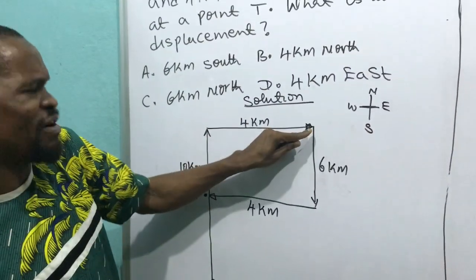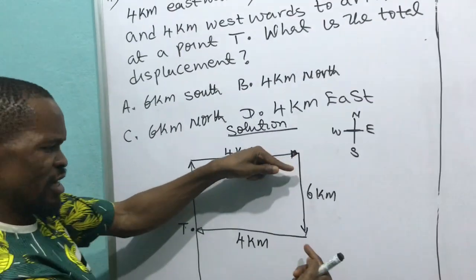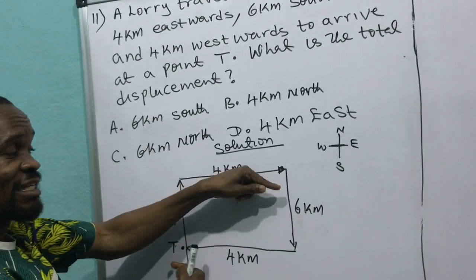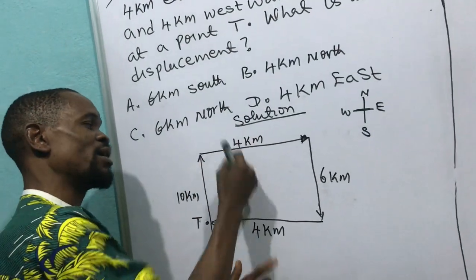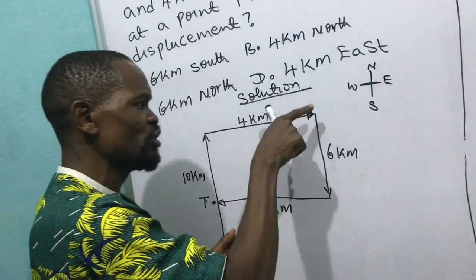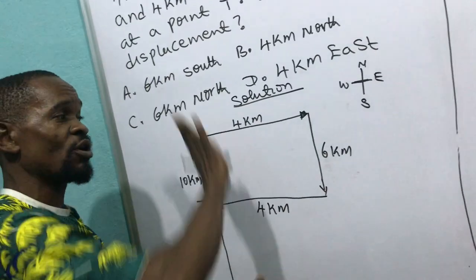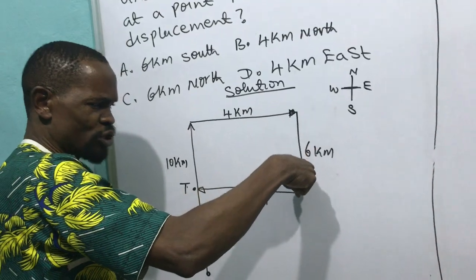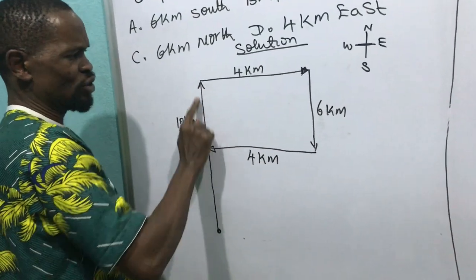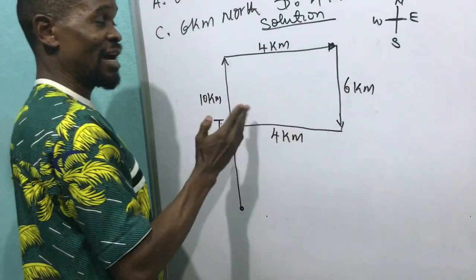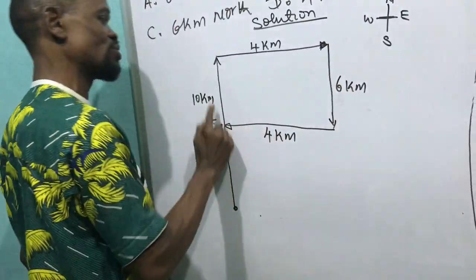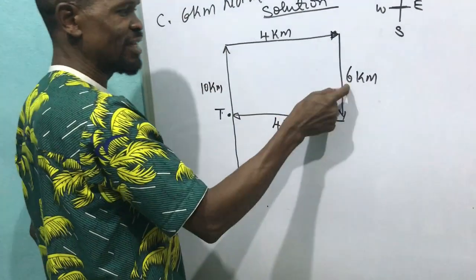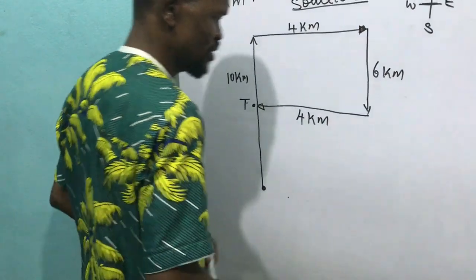Look at the direction. If I'm taking this direction to be positive, this particular direction will be negative. It will cancel this one. Displacement of me moving to this and coming back to where I started becomes 0. Then again, if I'm taking this direction to be positive and this one negative, this direction will cancel this direction, giving me 0 here.